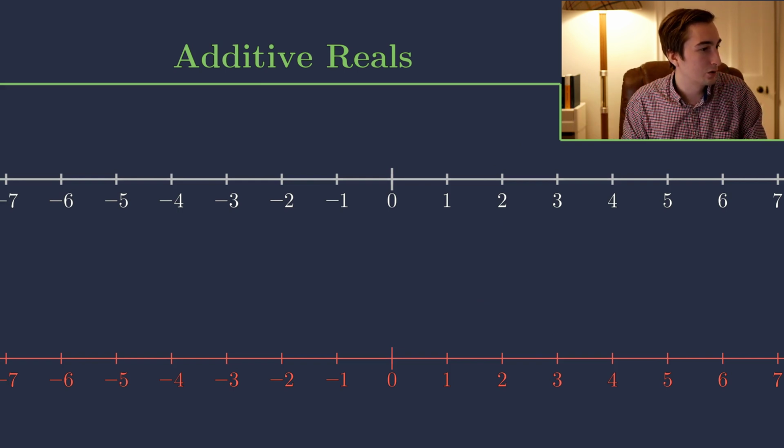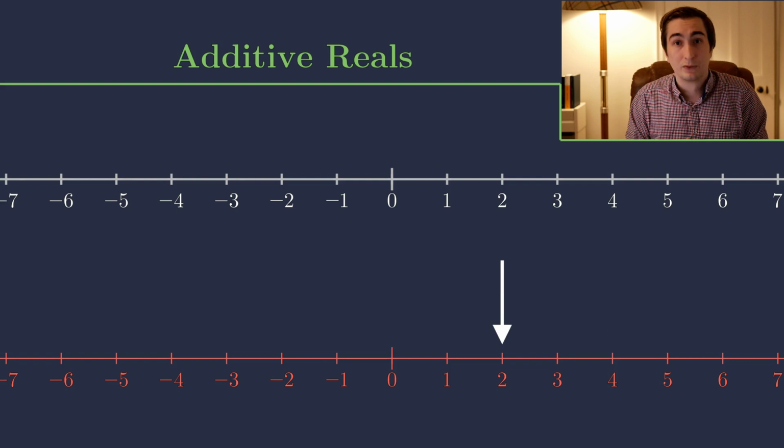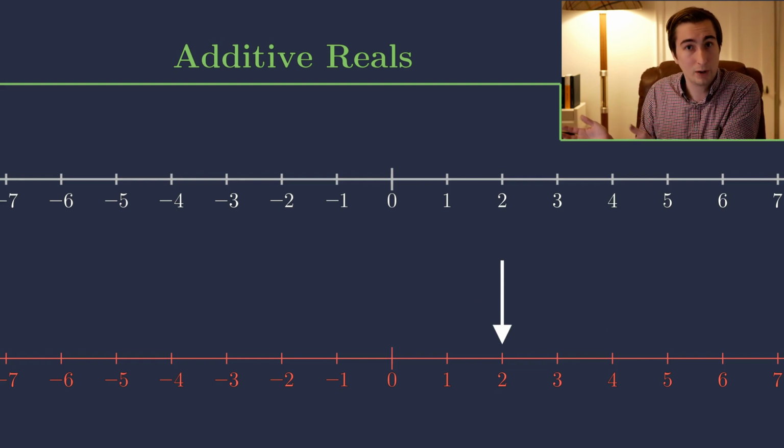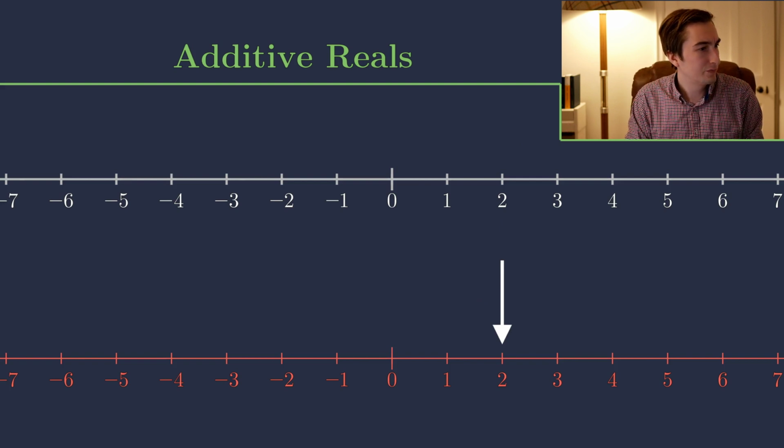Now, what do I mean by that? Let's have a look at the number 2. We thought of the number 2 previously as counting a set with two elements in it. But let's view it in a different way, in the way that it transforms the number line above in a certain way. This red number line is the numbers that we're going to select, and we're going to think of them in the way in which they transform our white number line above.